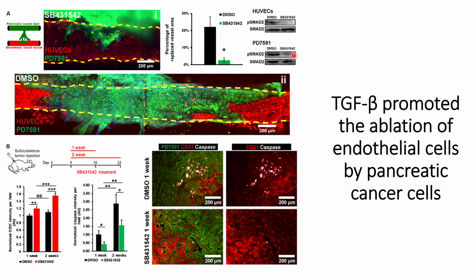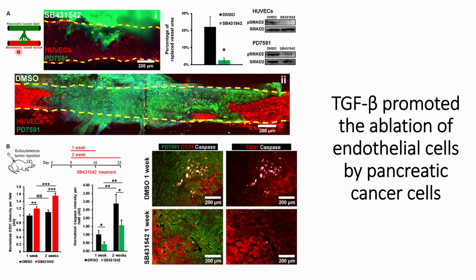We can see the decrease with SB431542 compared to the DMSO case. So this suggested that it's the TGF-beta which is playing an important role in this ablation of endothelial cells by the pancreatic tumor cells.